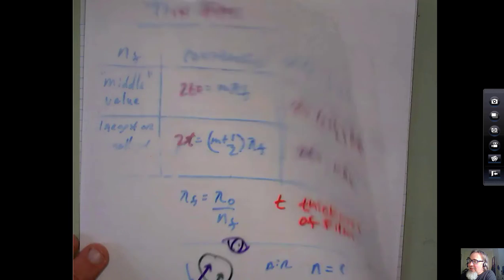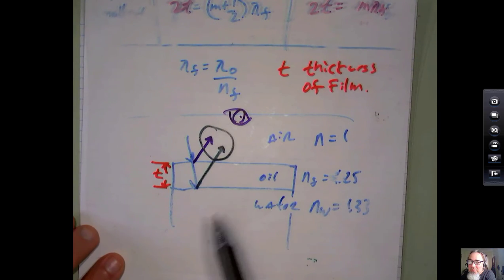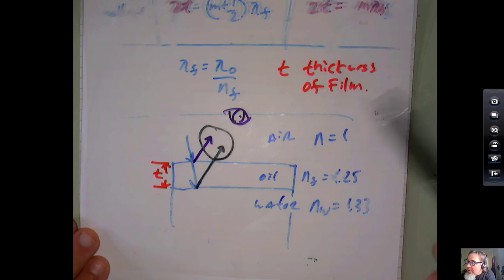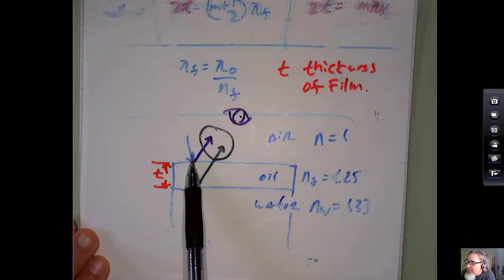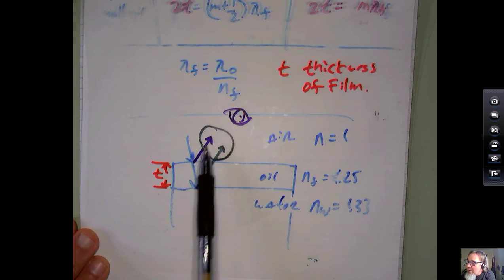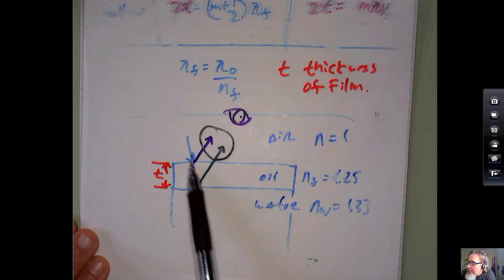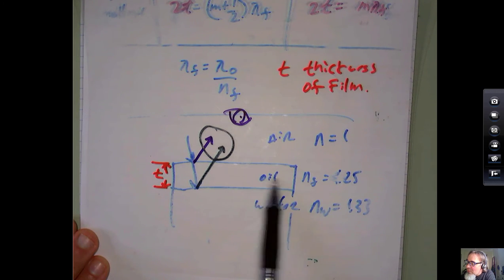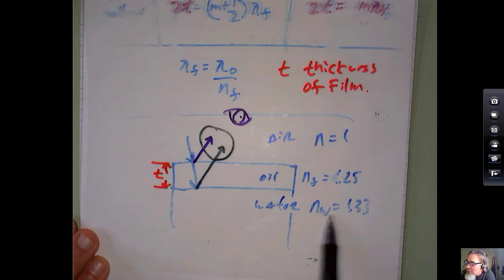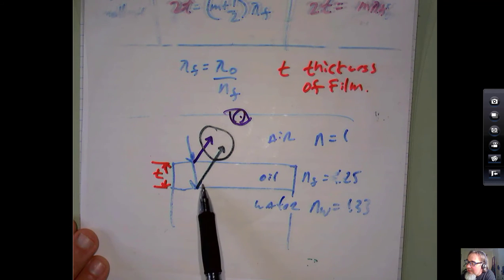So let's just see if it makes any sense. I'm going back to this picture. So middle value, here's an example of it being a middle value. This ray comes in, it goes from lower to higher. We have a phase shift. It turns upside down. Now let's look at this interface between the oil and the water. The index of refraction of oil is smaller than that of water, so it flips upside down again.